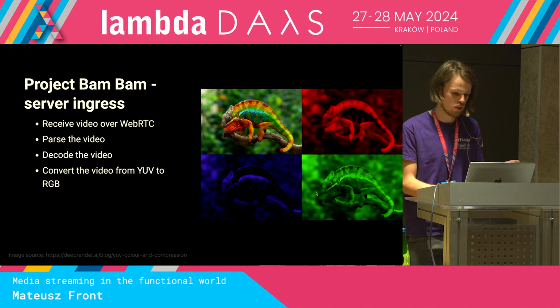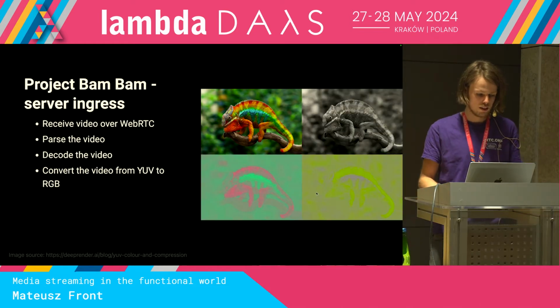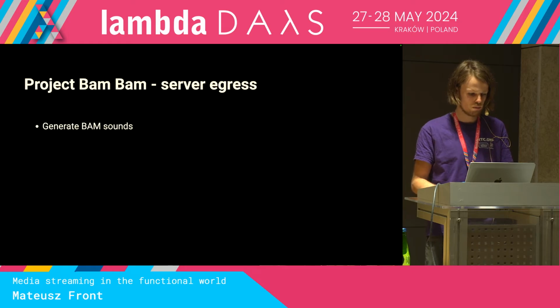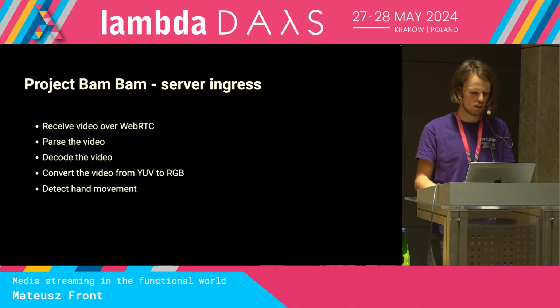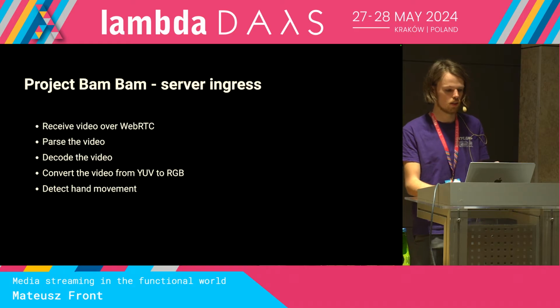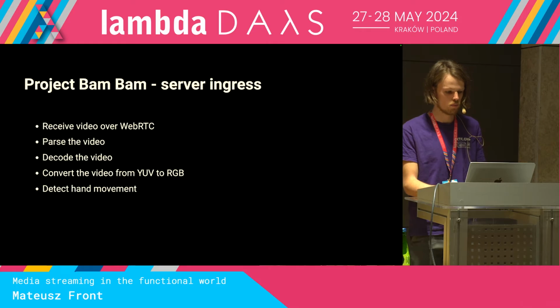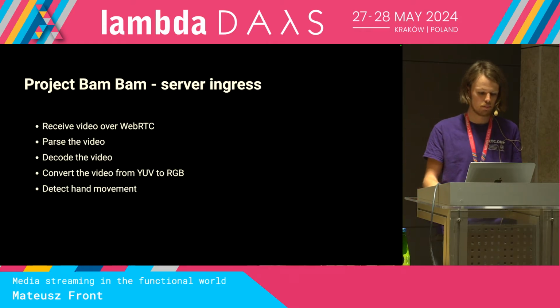So we have to convert that to RGB. And once we have done this, we are ready to detect the hand movement, so detect whether the user is moving, and we are going to use a pre-trained YOLO model for that.